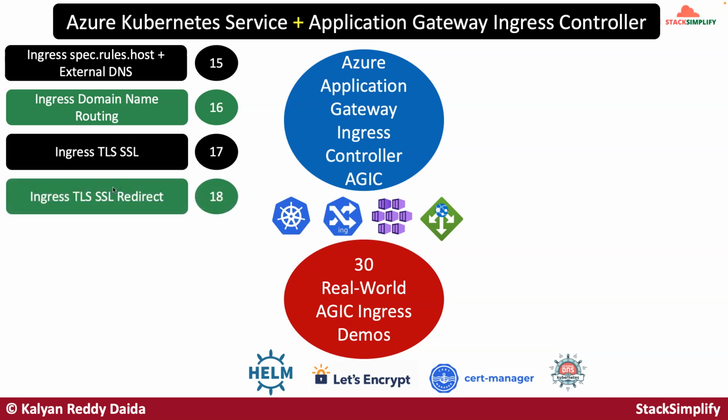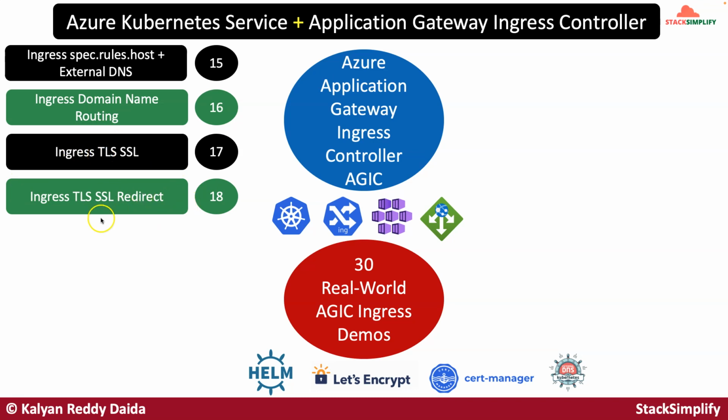And once that is completed, we are going to implement Ingress TLS SSL and Ingress TLS SSL Redirect. So here we are going to enable SSL for our application, using an SSL certificate and key with the Ingress TLS concept.